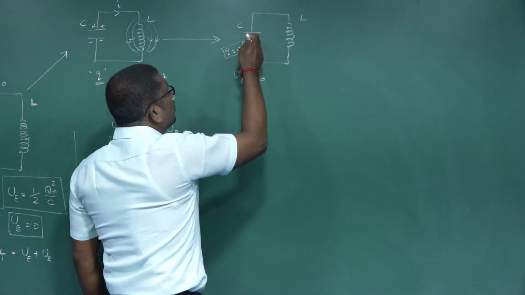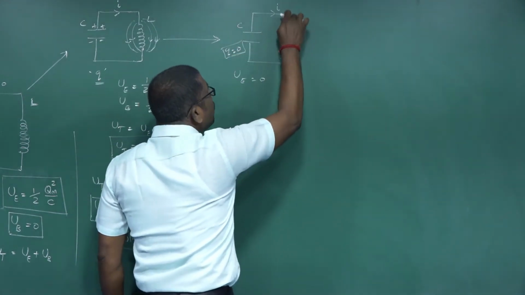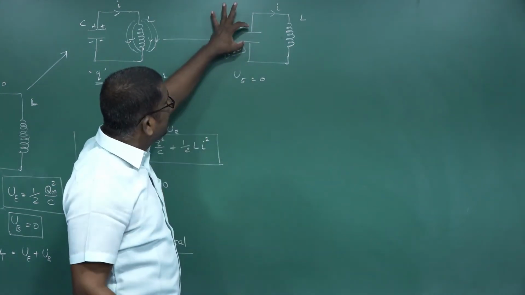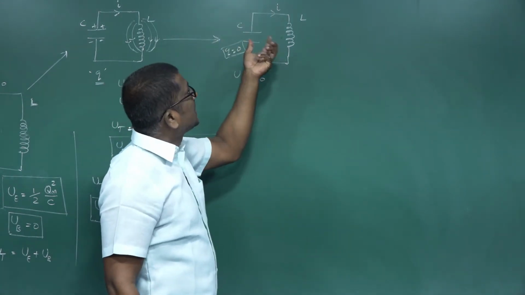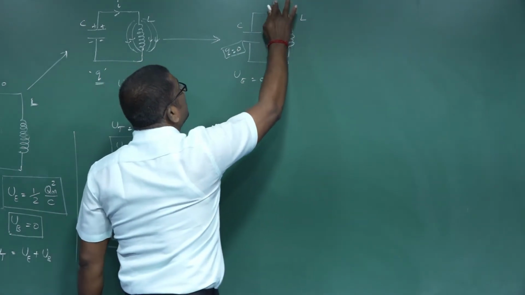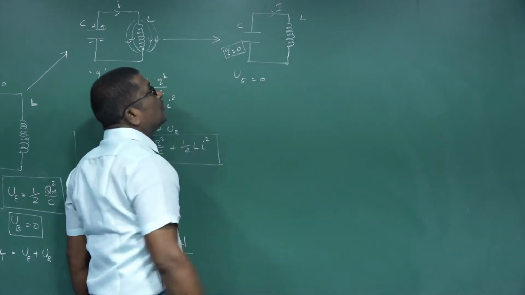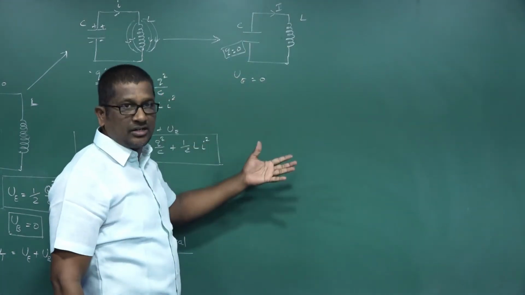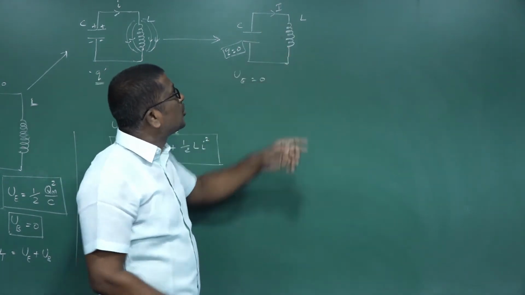Even though the charge in the capacitor is 0, there is a flow of current through the inductor. Even when the capacitor is completely discharged, there is a maximum value of current flowing through the inductor.